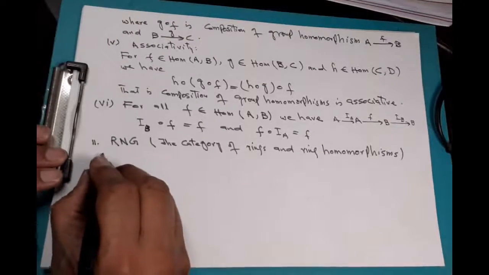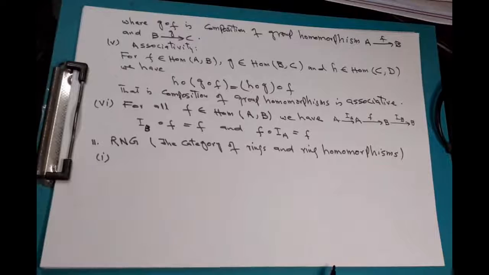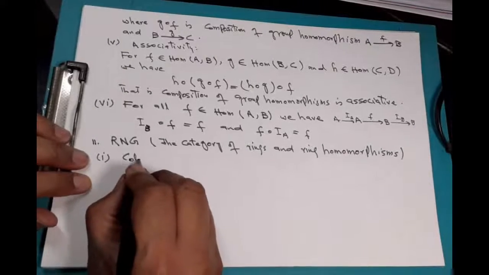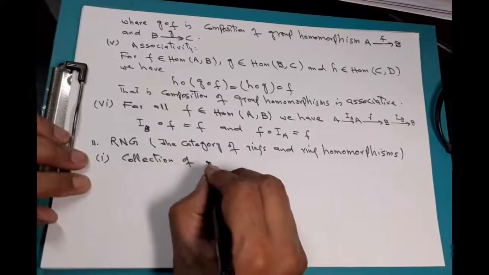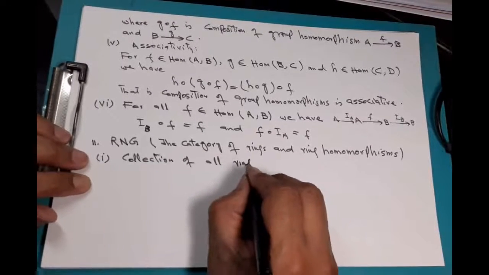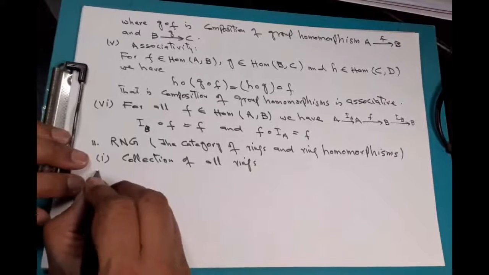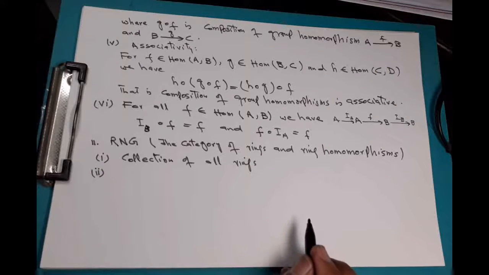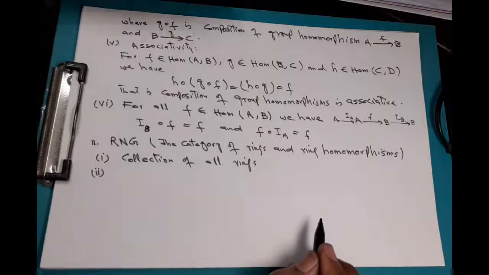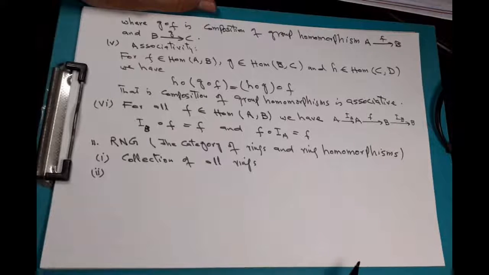So the conditions are the same. First of all, we are going to consider the collection of all rings. And secondly, for any two rings A and B, we are going to have the collection of all ring homomorphisms with domain A and codomain B, which we will represent by Hom(A,B).